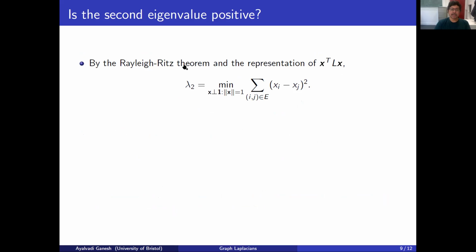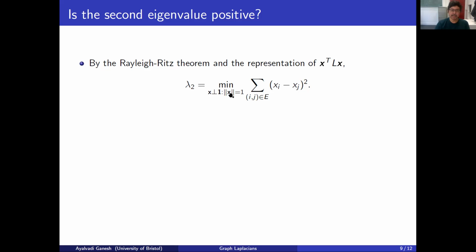Okay, so let's use the Rayleigh-Ritz theorem again. What was lambda 2 by the Rayleigh-Ritz theorem? It's the minimum over all x which are orthogonal to the eigenvector corresponding to lambda 1. That was the all one vector. So we want to minimize over all x orthogonal to 1 the Rayleigh quotient x transpose Lx over x transpose x.